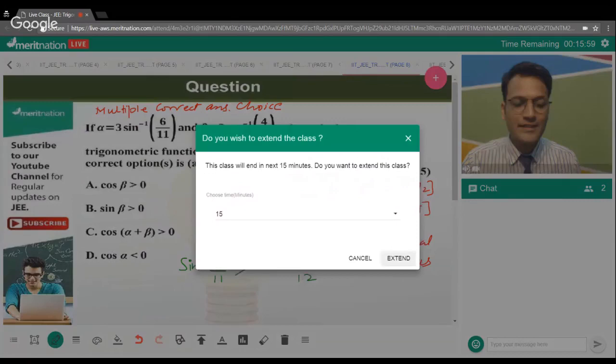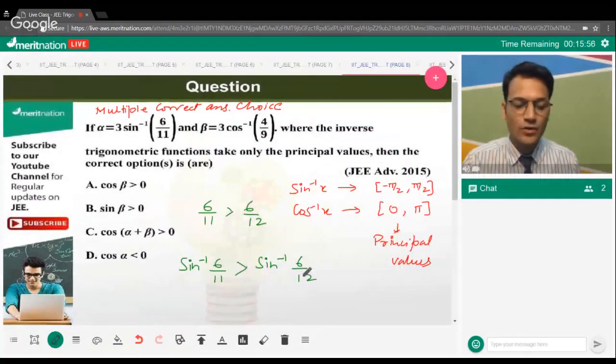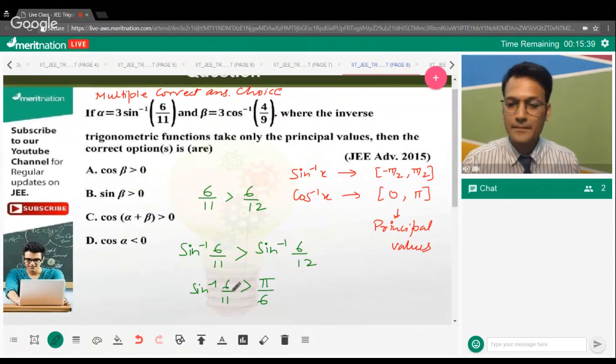And 6 by 12 is nothing but 1 by 2. Sine inverse 1 by 2 is pi by 6. I hope this is fine. So sine inverse 6 by 11 is greater than pi by 6. This is what we can get from here.